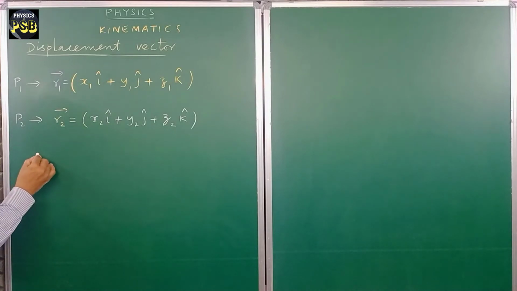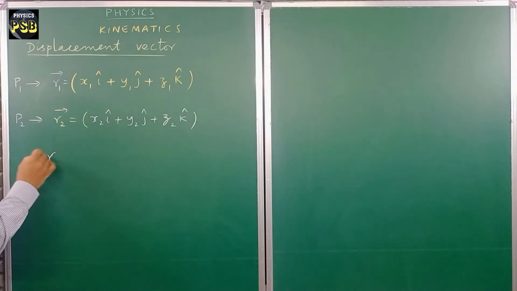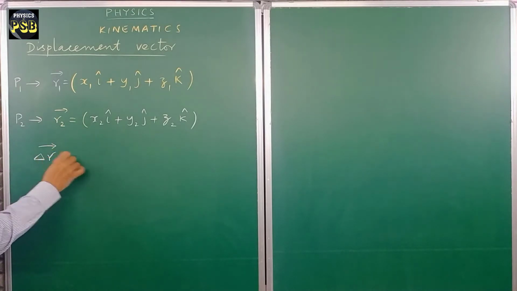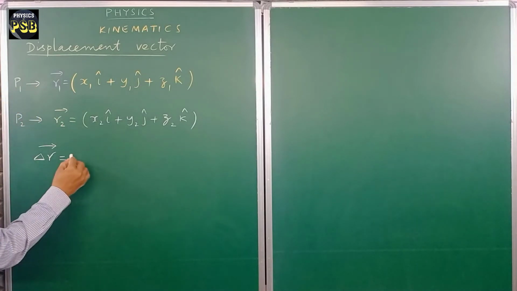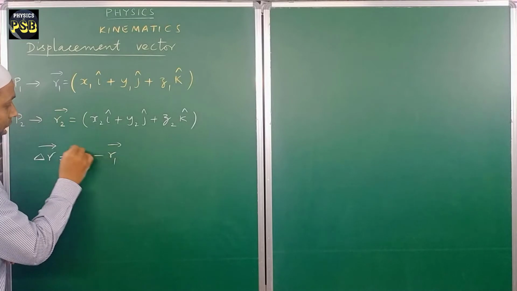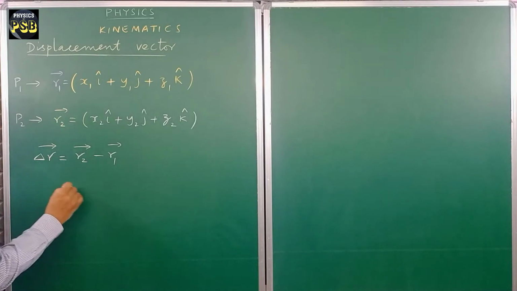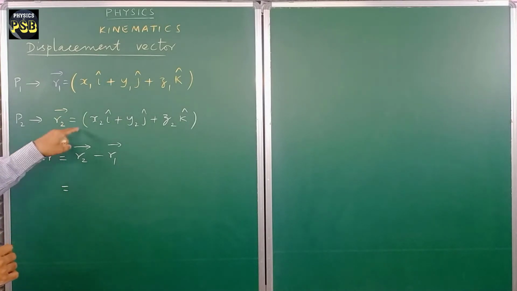Here, the displacement vector is represented by the letter delta R vector. And it can be obtained if you subtract these two. If you subtract R1 vector from R2 vector, you will obtain delta R vector. Now we know the value of R2 vector.